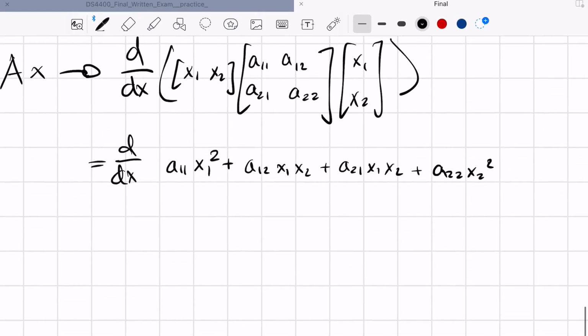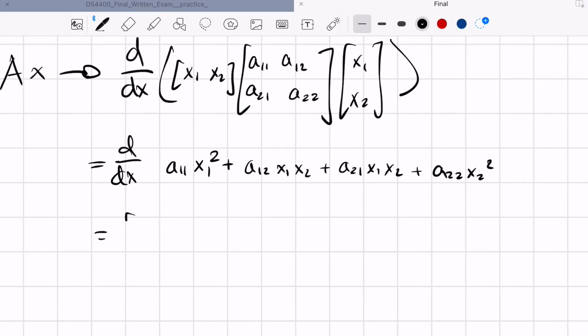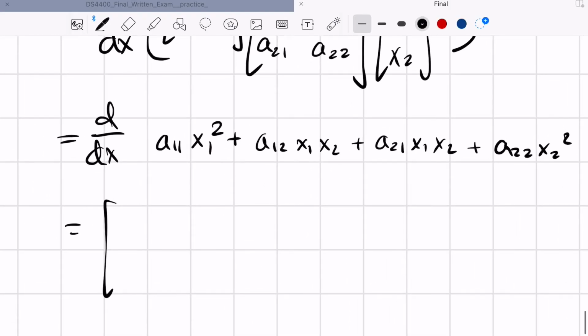If we take the derivative of this with respect to x1 and x2, first x1, we get 2a11 x1 plus a12 x2 plus a21 x2.